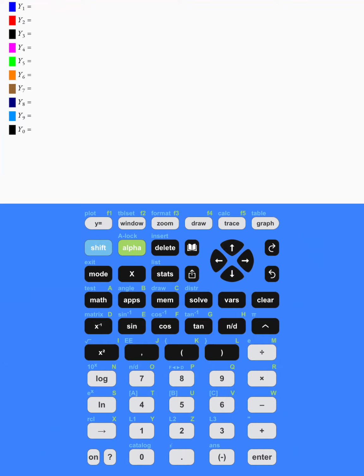So clear whatever you have already in there, and you're going to put in your linear one, your other linear one, and your quadratic.